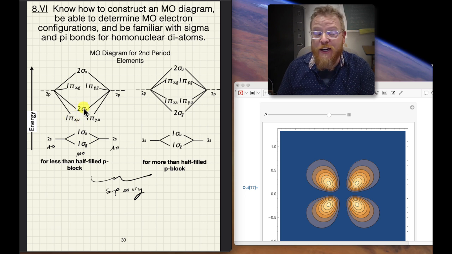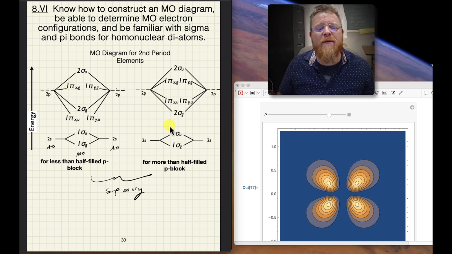The 2 sigma g comes from pz, which is why we end up with 3 of them, for our 3 p positions. And then we get our anti-bonding. Remember, pi g is anti-bonding, and sigma u is anti-bonding.